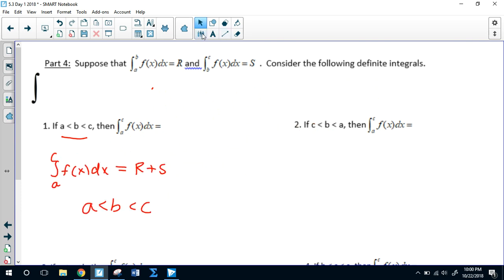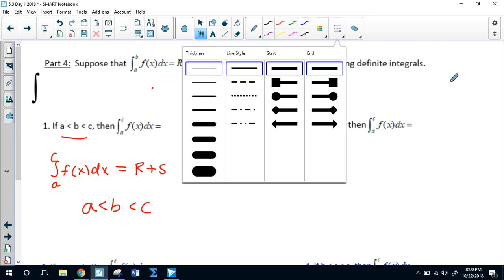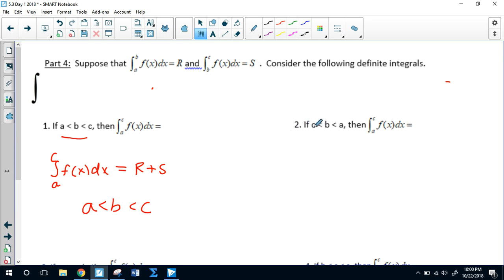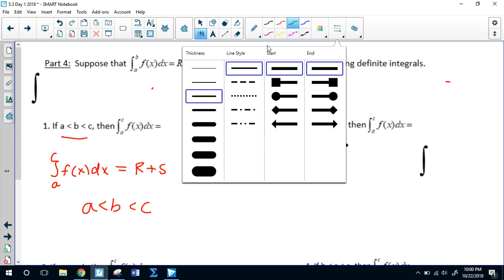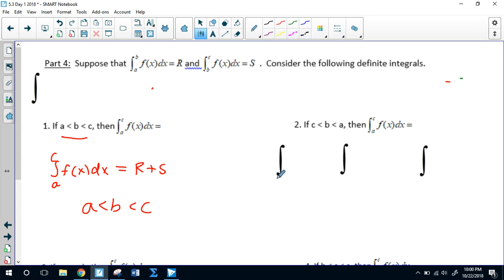Okay, so then number two, you'll notice that the order is not the same. So now we have the order from C to B to A. So if I'm going to write these integrals out, use my little sign over here, I'm going to write three of them out. So I know that the integral from C to B, and just to save time, I'm not even going to rewrite the actual f of x dx each time.